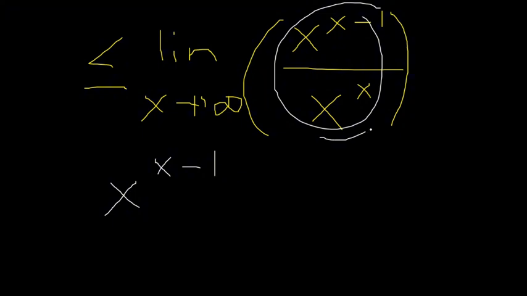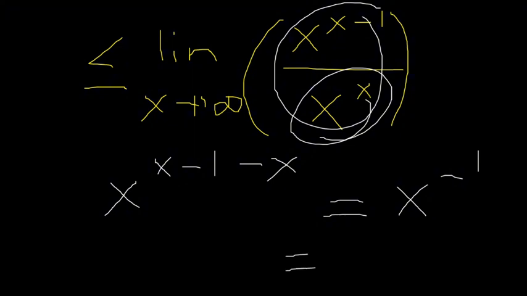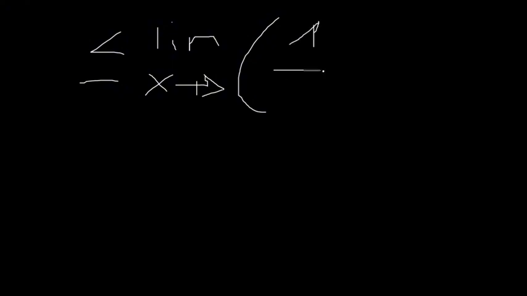If we simplify this, we get x to the power x minus 1 minus x, that is equal to x to the power minus 1, which is equal to 1 all over x. Hence, at this other section, we have the limit as x tends to infinity of 1 all over x, and this also tends to 0.